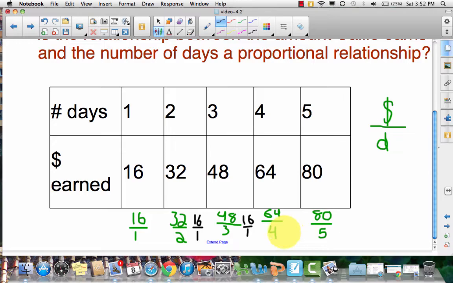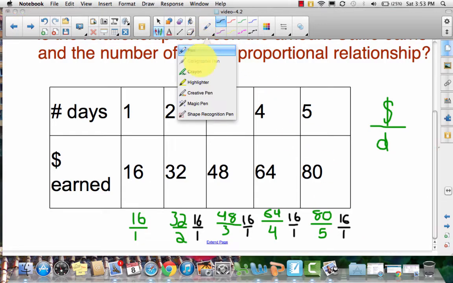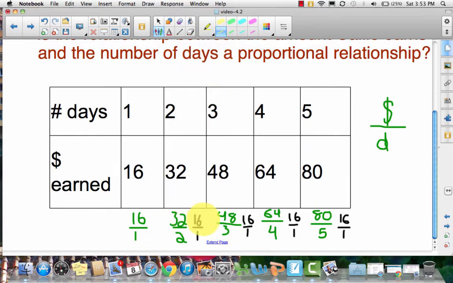64 over 4, I divide both the top and the bottom by 4. It gives me that 1 in the denominator, and 64 divided by 4 is 16. And finally, 80 over 5, I could divide both of these by 5 so that I achieve a 1 in the denominator, and 80 divided by 5 is 16. If I look at my unit rates, the top number in each unit rate is the same.